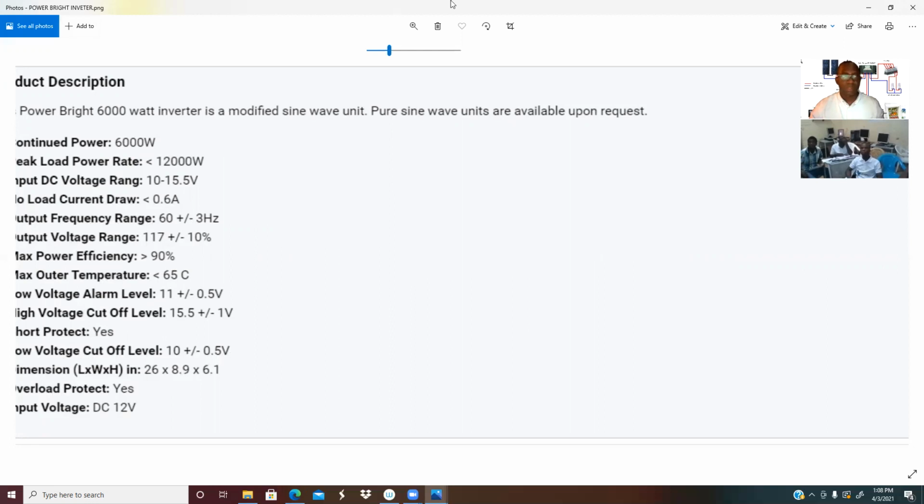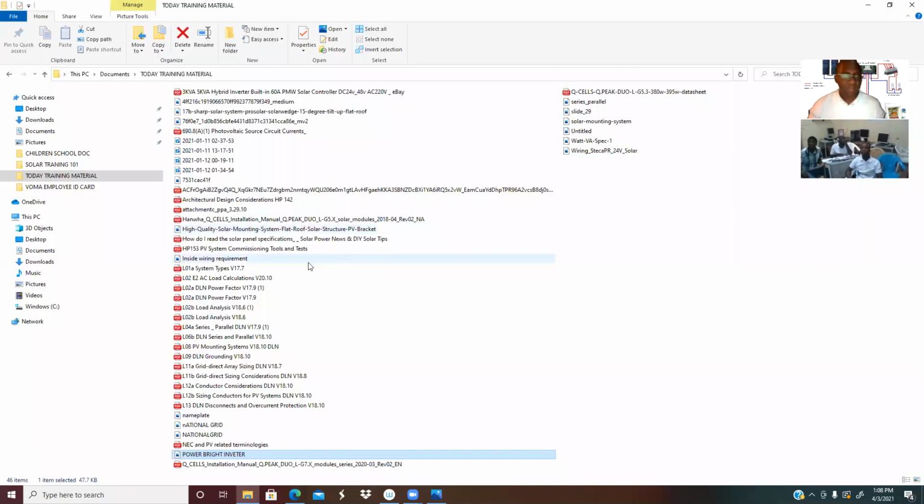I have the specs of a 3K hybrid inverter right here. I think I have a data sheet for the inverter, either the data sheet or the manual.